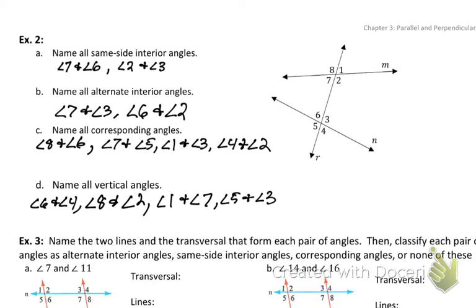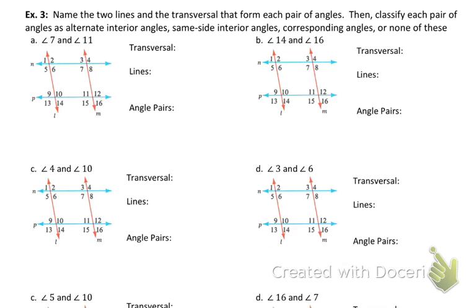All right, now we step it up just a little bit. See how there's a bunch of lines being connected here? I think if I ask for alternate interior angles, you guys will get it, or same side interior. It's when we step it up like this that it gets a little confusing.